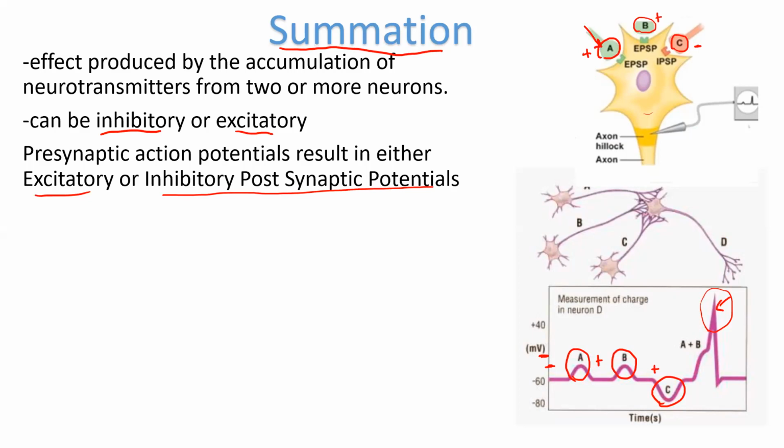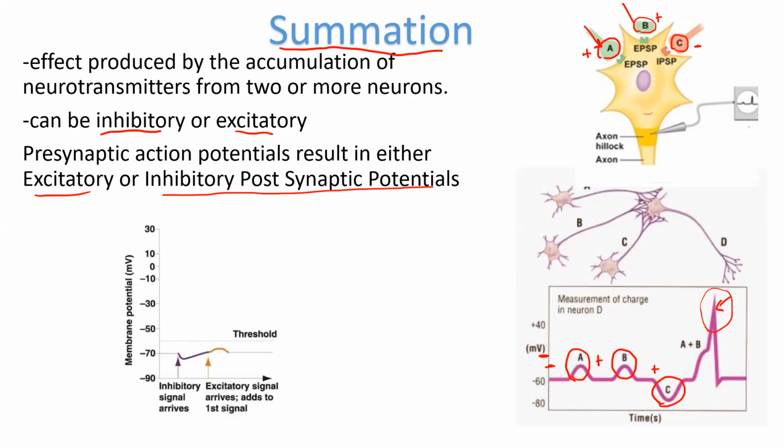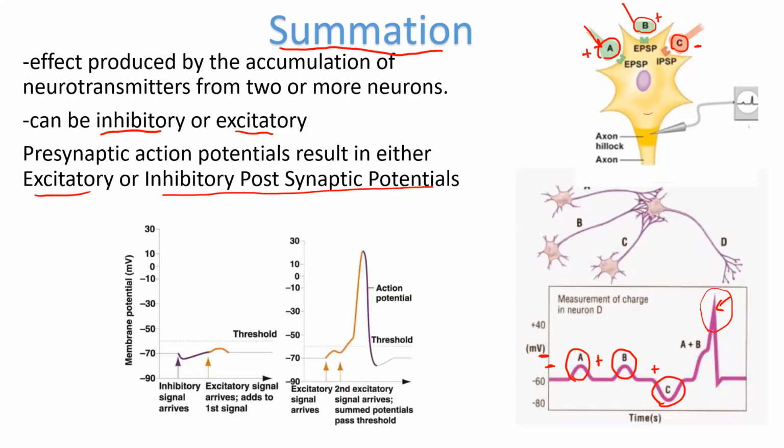This is very important for things like walking, coordination, which is a combination of excitatory and inhibitory. Okay, it's a combination of them that gives you subtle movements and nerve control. This is just a diagram showing the same thing. Inhibitory would be C, but when we take A plus B, it's enough to cause an action potential.